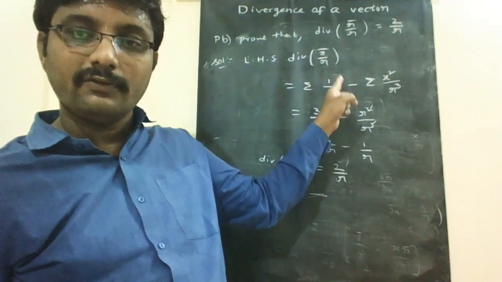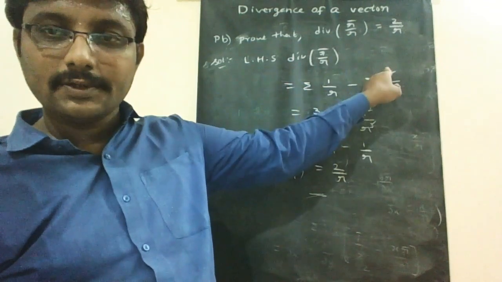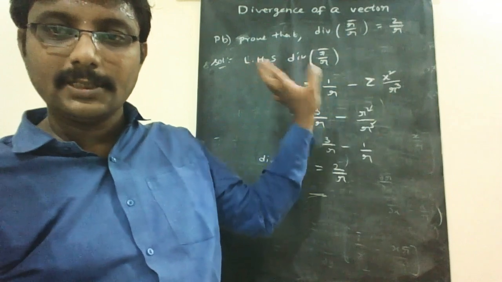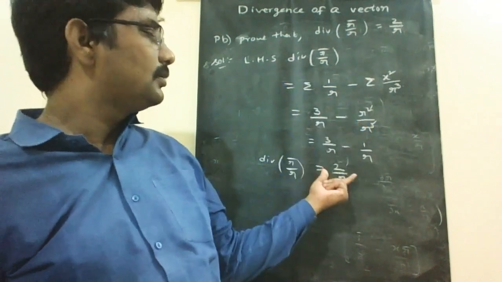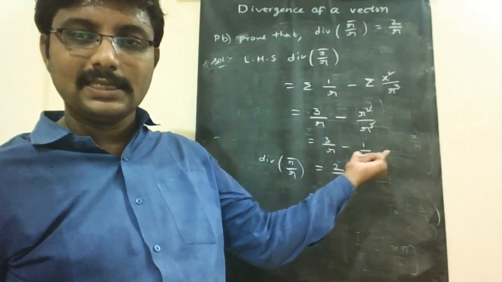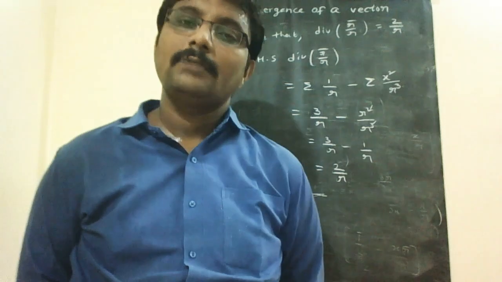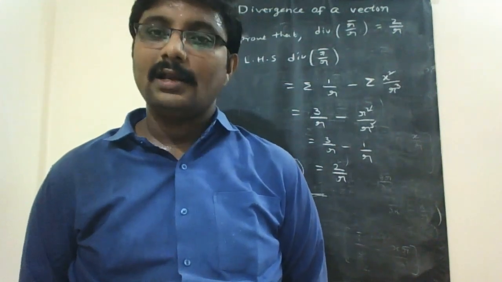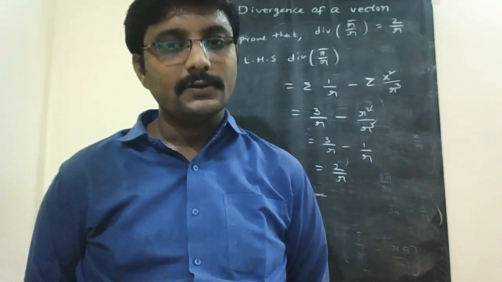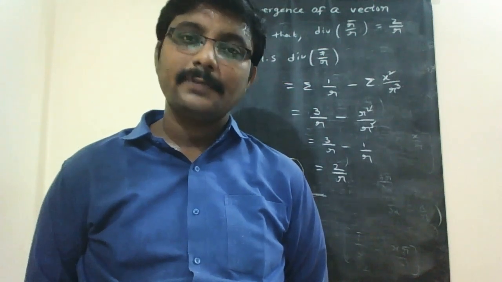That is, a summation of 1 is 1 plus 1 plus 1, that is 3 by r. Summation x square is x square plus y square plus z square, that is r square. So 3 by r minus 1 by r, taking the LCM as r, 3 minus 1 is 2. So whenever r bar is xi plus yj plus zk, then r is its magnitude, that is root of x square plus y square plus z square, and r square is x square plus y square plus z square.